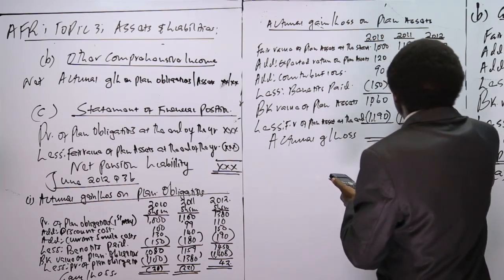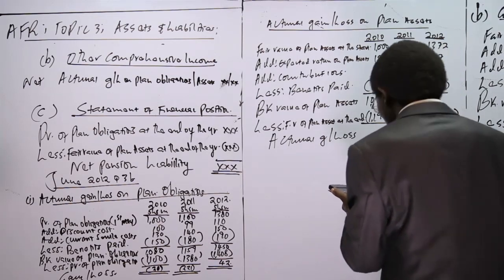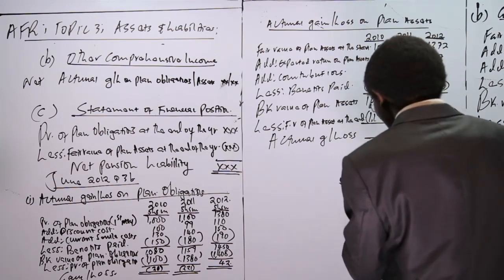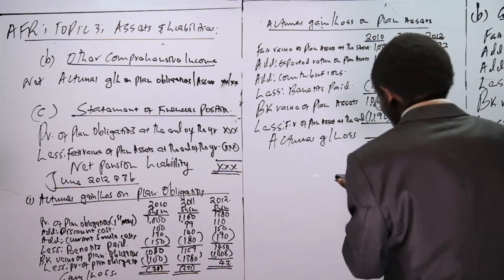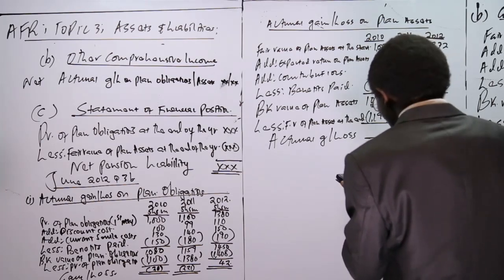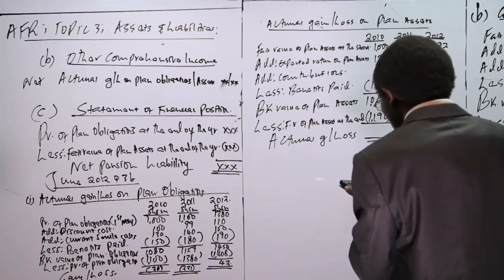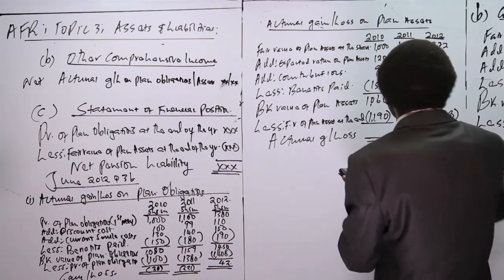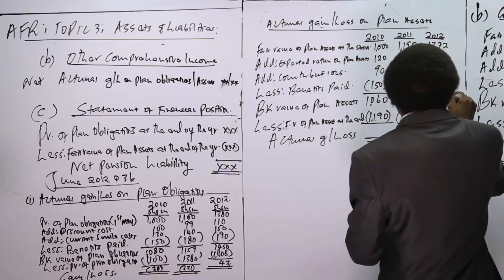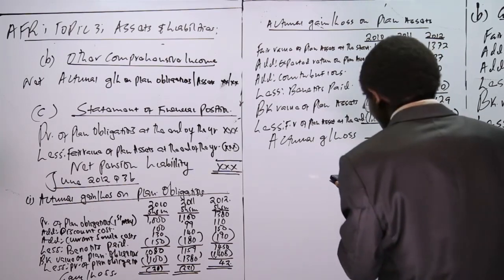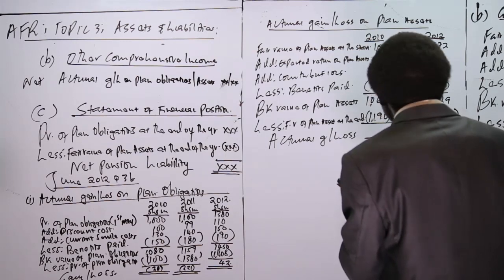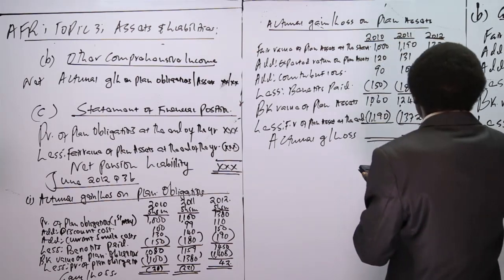We have 1241. Then we also have 1372 plus 137 plus 110 minus 190. So we have 1429. 1429 minus 1188, we have 241.